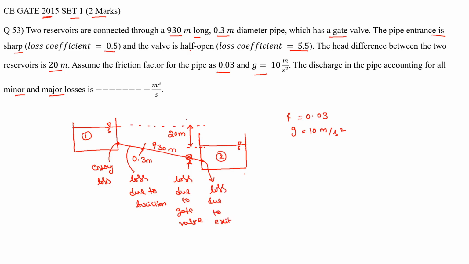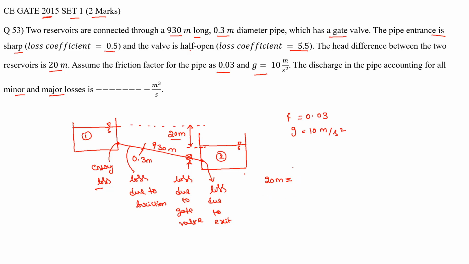Suppose the total head difference between these two reservoirs is observed to be 20 meters. Okay, now if this is the case, then why is this 20 meter difference observed? Because of these losses. If we sum all these losses that the flow encounters, we will be getting this 20 meter loss.